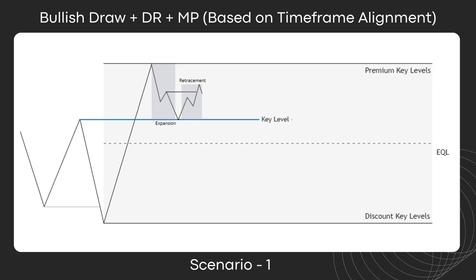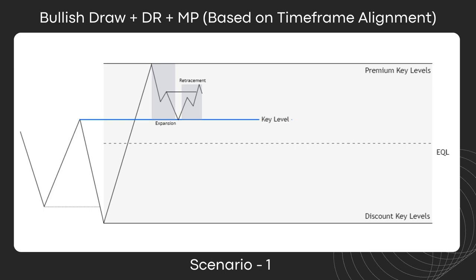This whole dealing range and key levels that we are seeing are on the higher time frame, whereas these profiles that you are seeing right here are a representation of the lower time frame, not the higher time frame. We are seeing what's happening on the lower time frame. I've just made it simple and plain for you on this graphical representation. Now you must remember this while going through this chapter, so it doesn't confuse you at all.